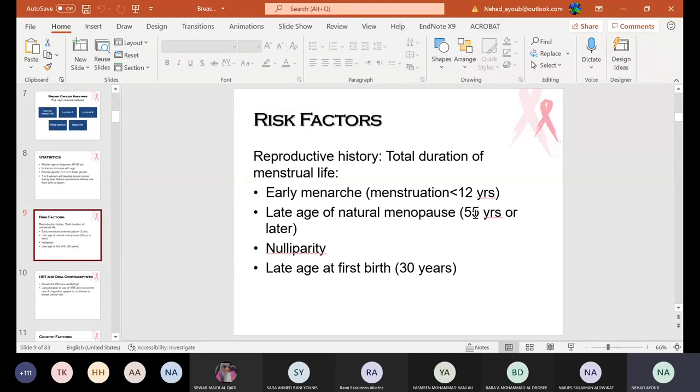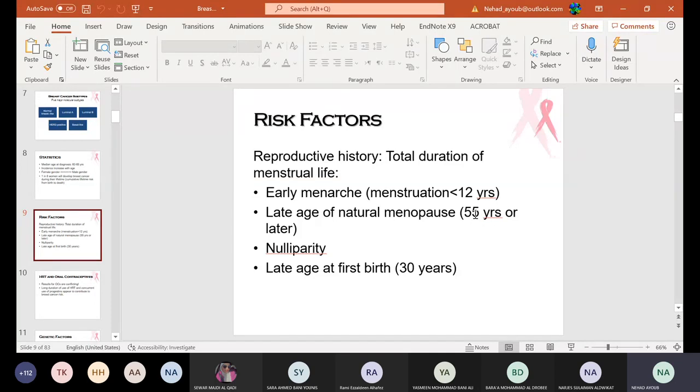Okay, nulliparity, what does it mean? Nulliparity means not having kids, not giving birth, meaning never married, or married but with no record of giving birth. Nulliparity also increases the risk of a woman developing breast cancer during her lifetime.